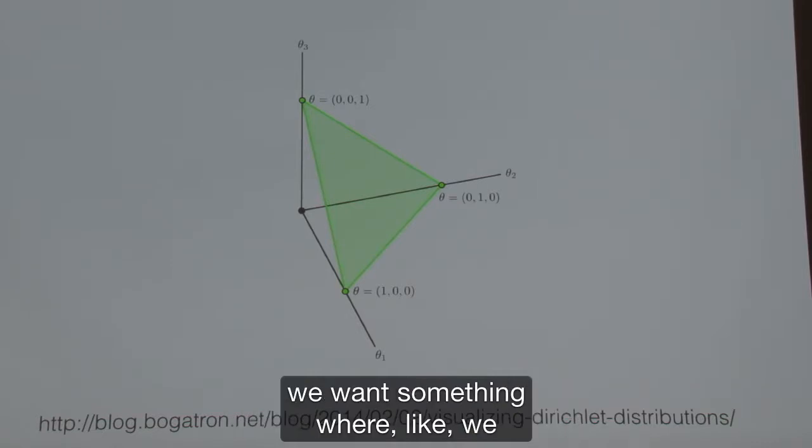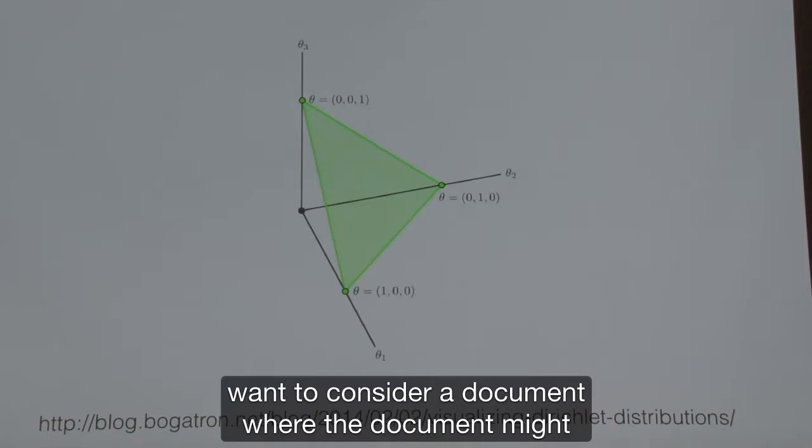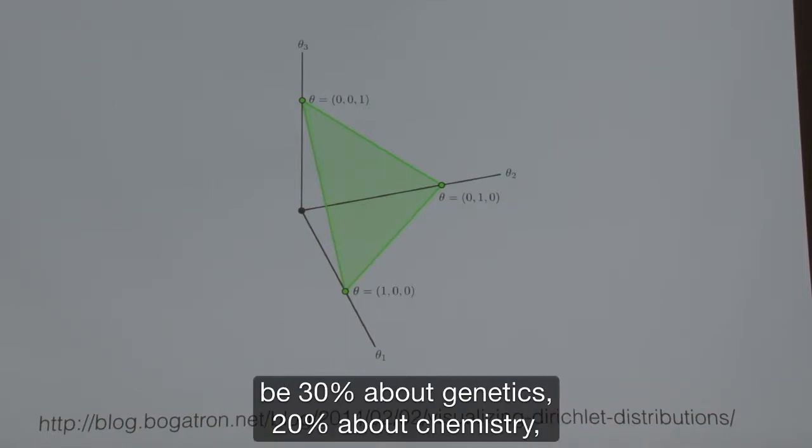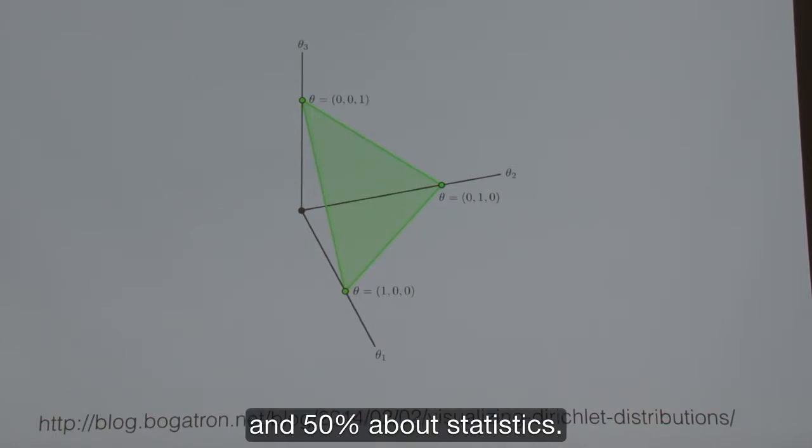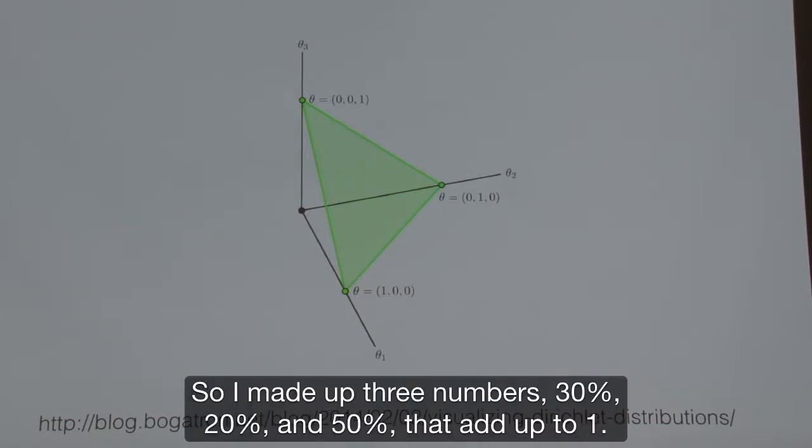We want to consider a document where the document might be 30% about genetics, 20% about chemistry, and 50% about statistics, right? So we want some mixture. So I made up 3 numbers, 30%, 20%, and 50%, that add up to 1.